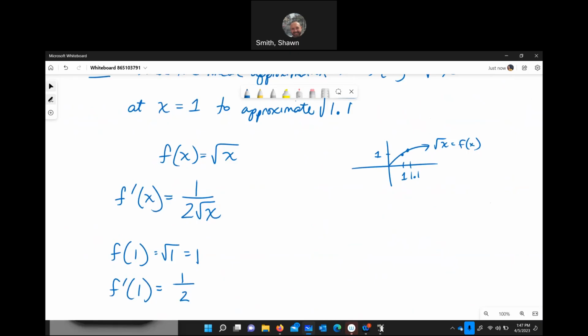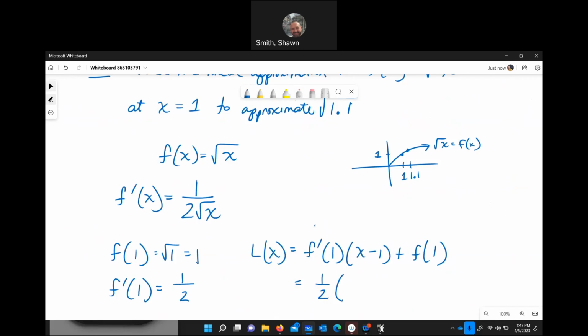The linear approximation is f prime at 1 times x minus 1 plus f evaluated at 1. I got these two numbers.